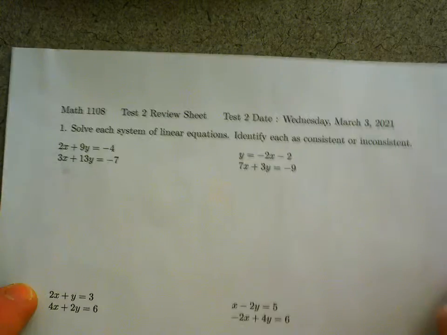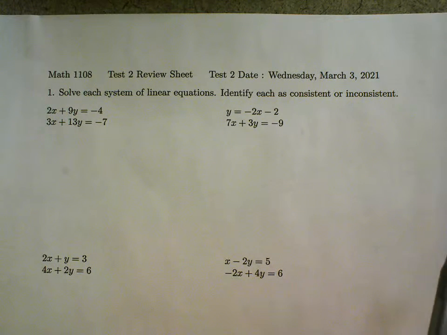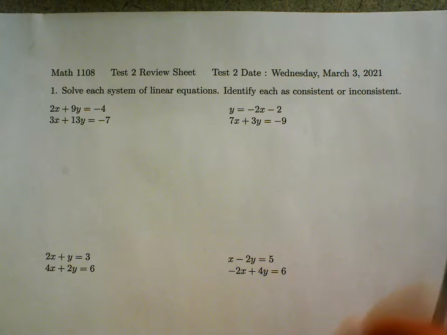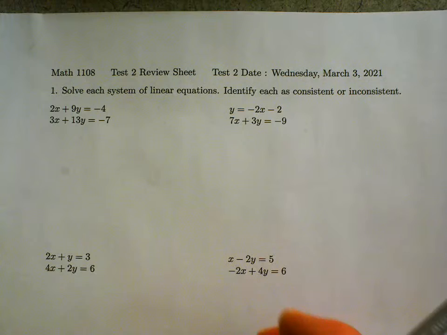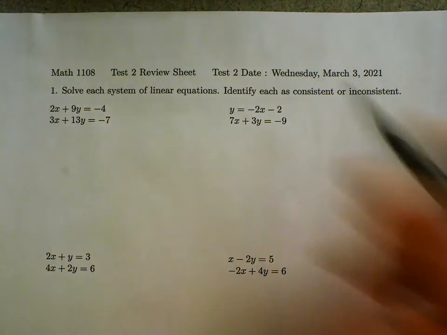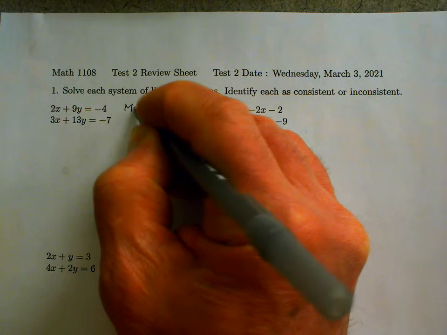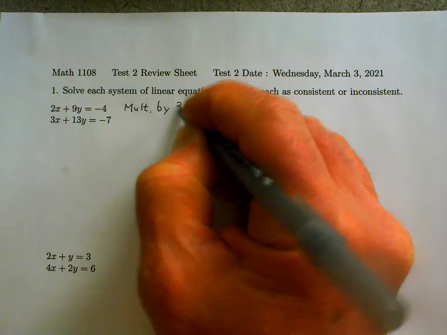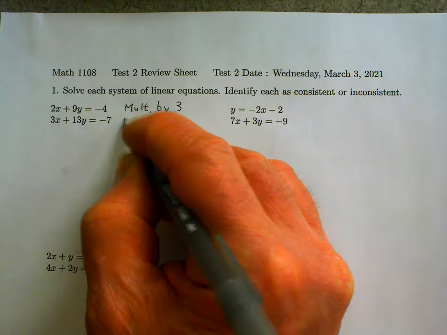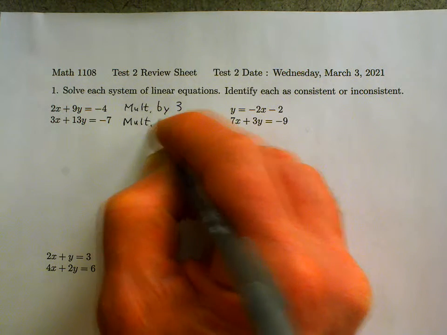On the first page of the review sheet, we have 4 problems where we solve each system of linear equations. So on the first one on the upper left, I think what I'll do is I'll multiply both sides of the top equation by 3 and multiply every term on both sides of the bottom equation by -2.